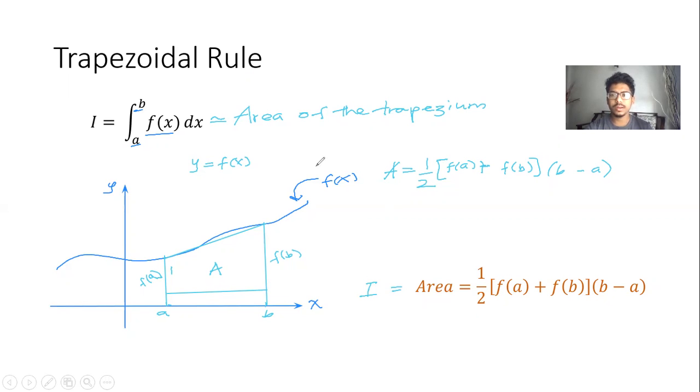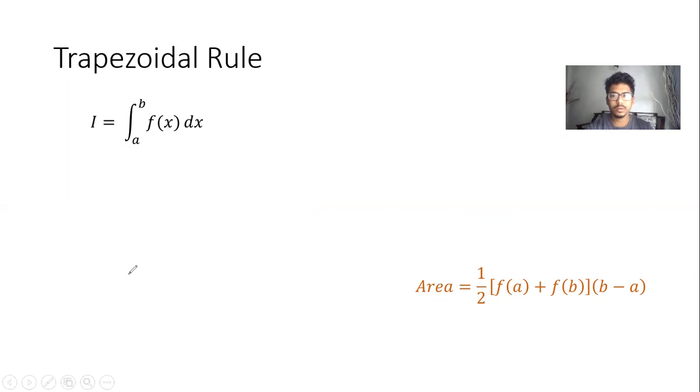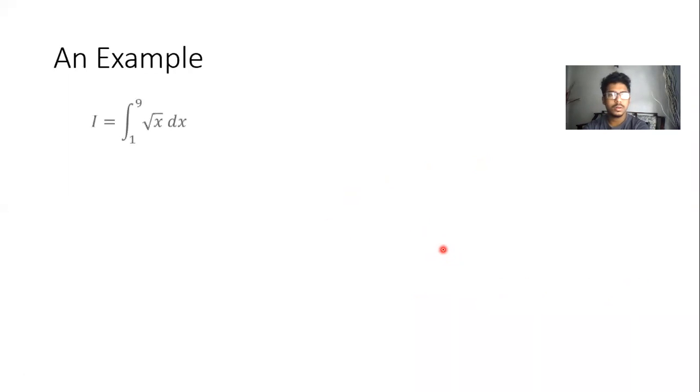Now let's do one example. Okay, let's do an example from the trapezoidal rule. Let's say we want to integrate this function, square root of x, in the limits 1 to 9.